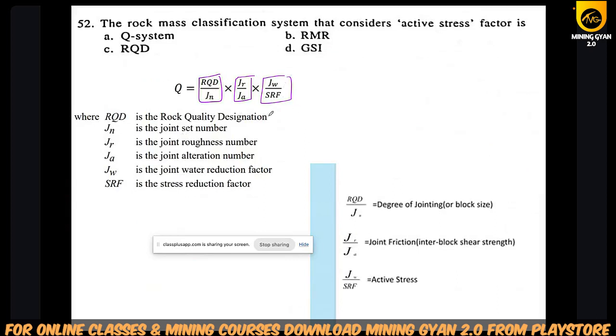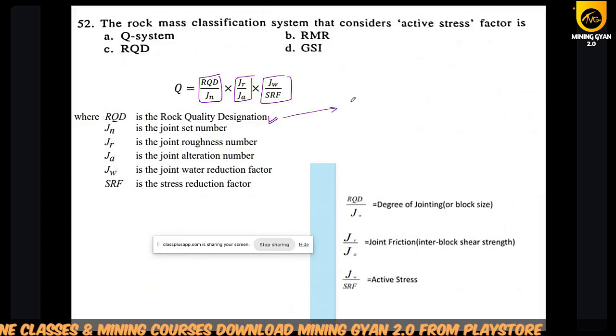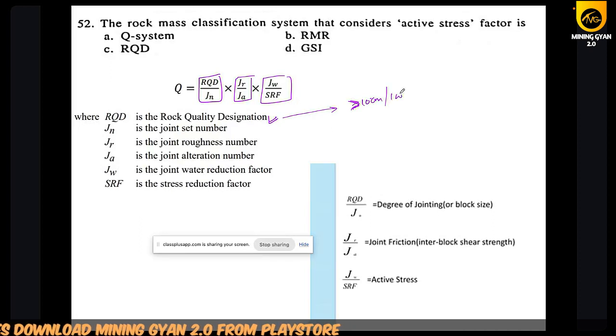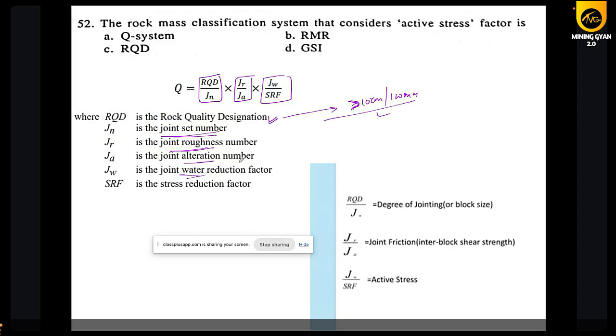RQD is the rock quality designation. We have also seen the formula of RQD, which means the core size more than 10 centimeter or 100 mm divided by the length is RQD. Then the joint set number, the joint roughness number, the joint alteration number, joint water and stress reduction number.